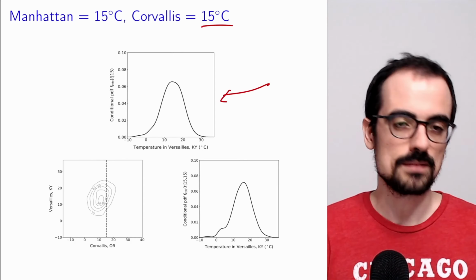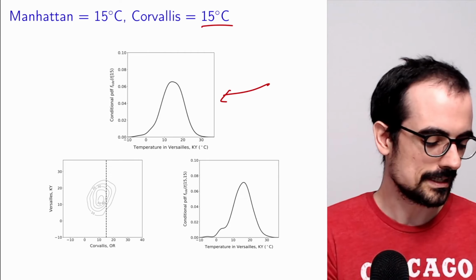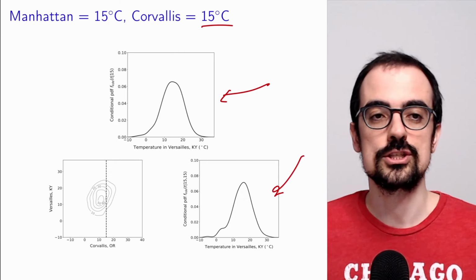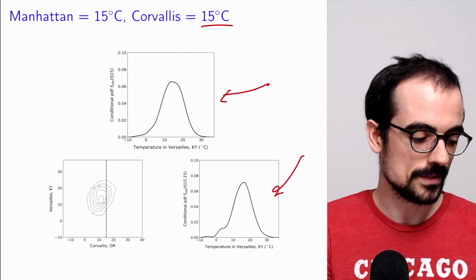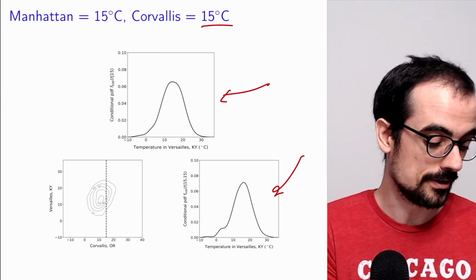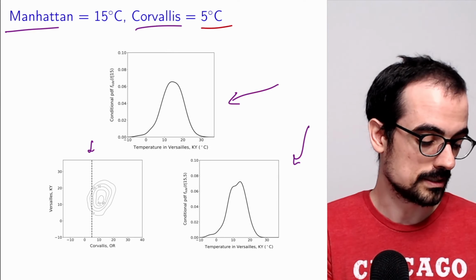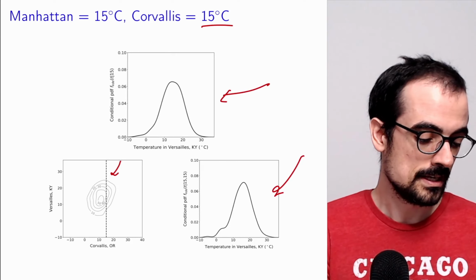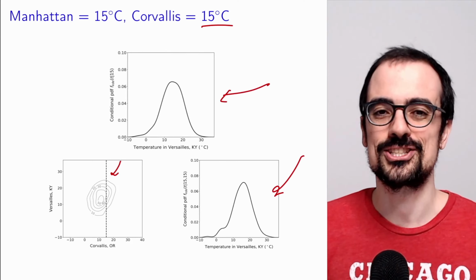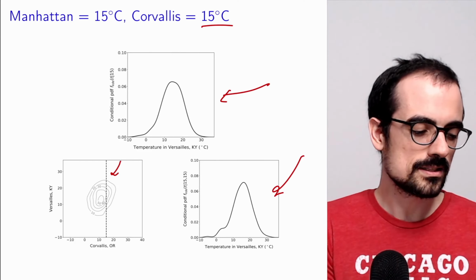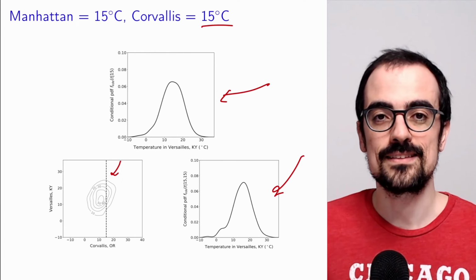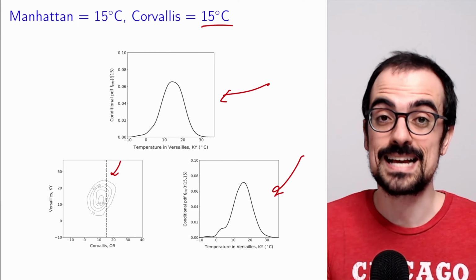This guy stays the same, right? Because that's just the conditional with respect to Manhattan. This one should change because it's the conditional with respect to Corvallis, to Manhattan and Corvallis. It's this other slice. So here we're slicing here, now we're slicing there. You see there's not that much difference. It seems that once we take into account Manhattan, the dependence between Corvallis and Versailles is much smaller.